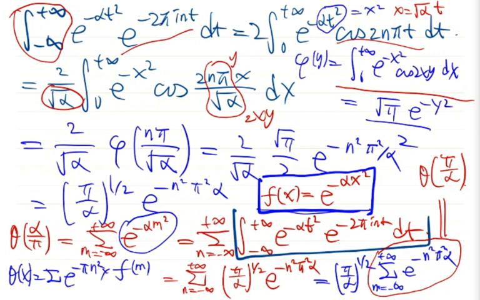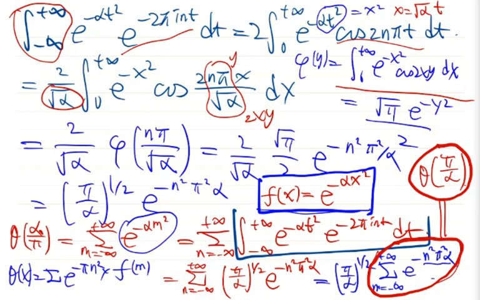Comparing this sum, which is the definition of a theta function, you know that this is the value of theta at pi over alpha. So theta of alpha over pi equals theta of pi over alpha multiplied by the square root of pi over alpha.